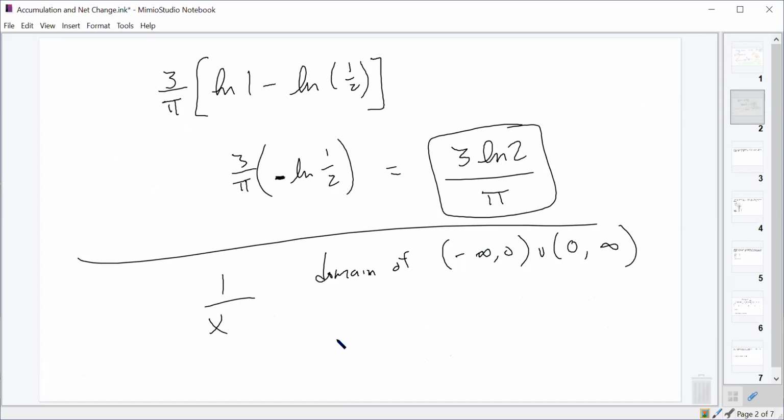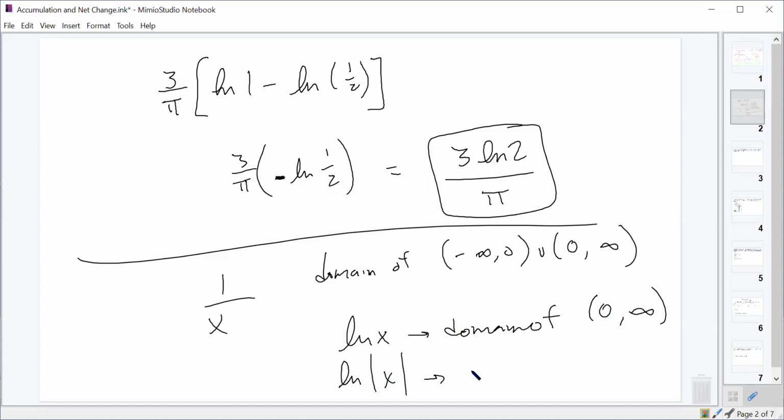But the domain of natural log of x just has a domain of 0 to infinity. But if we throw absolute value on it, that gives us a domain that is the same as the domain of 1 over x. So it encompasses all of the values that 1 over x does as well.